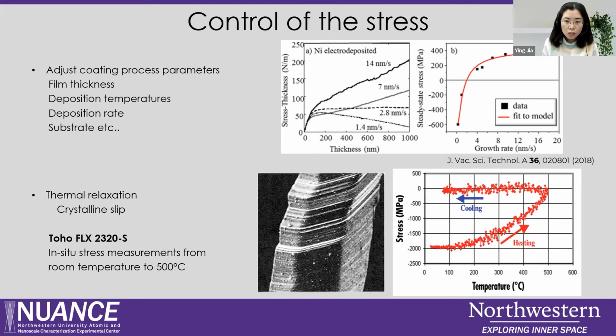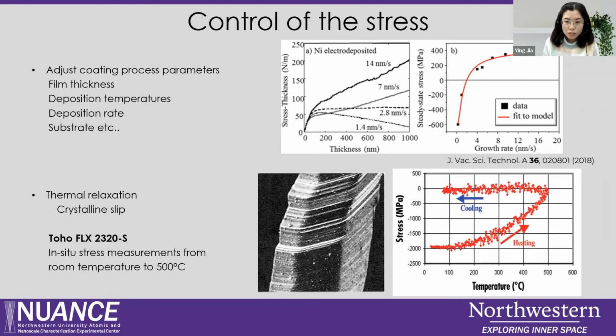This can usually reduce the film stress quite a lot. Here's a picture, also measured by our system, showing how the stress was released as a function of temperature. First heating up and then cooling down can reduce the stress quite a lot.